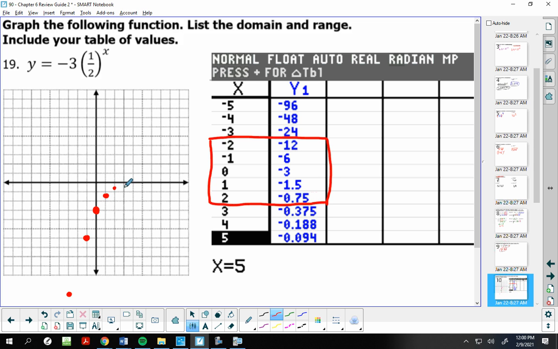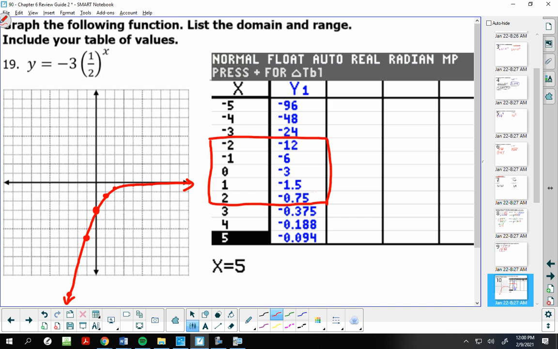And then if you want, you can just graph the next points, and you can just see that it's getting really close to the x-axis. Okay? It never actually touches, but it does get very close.